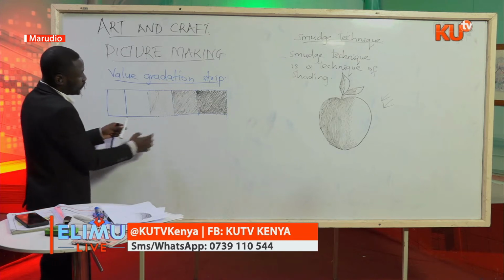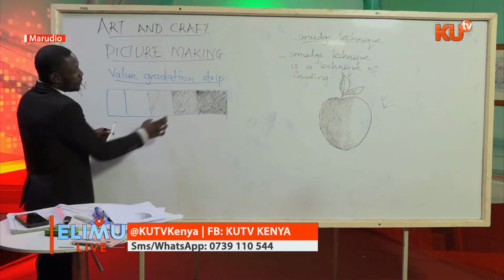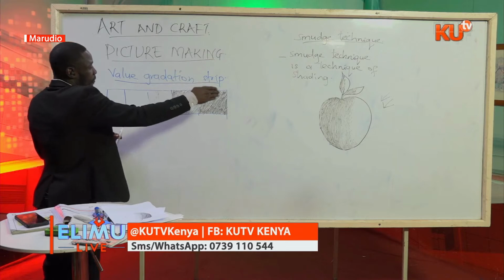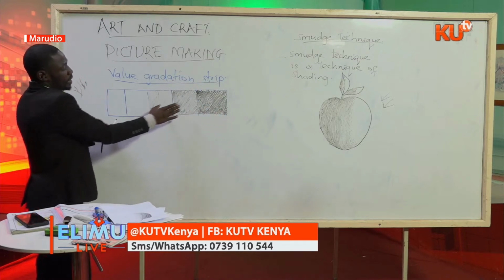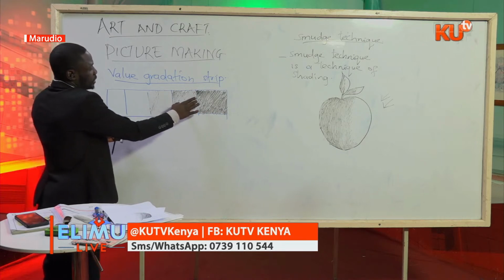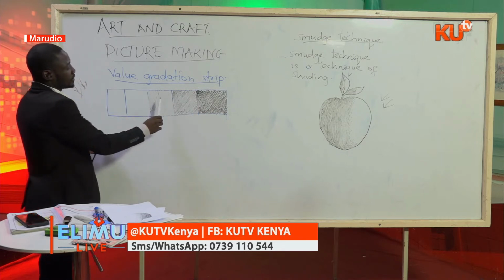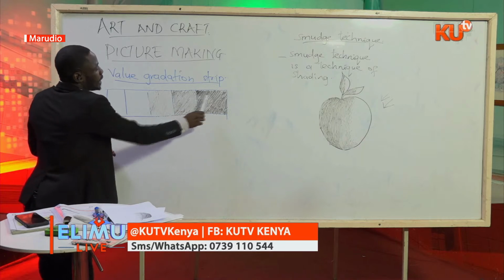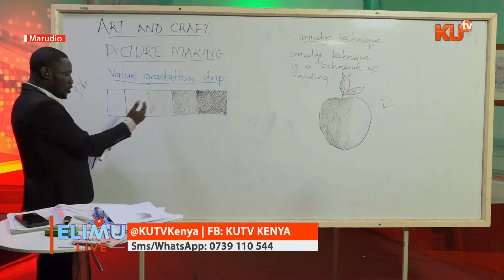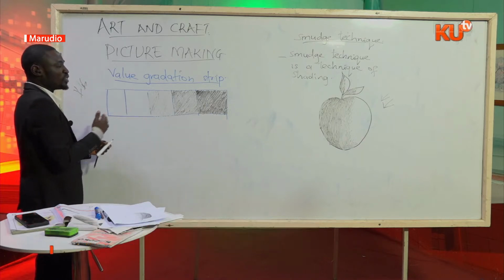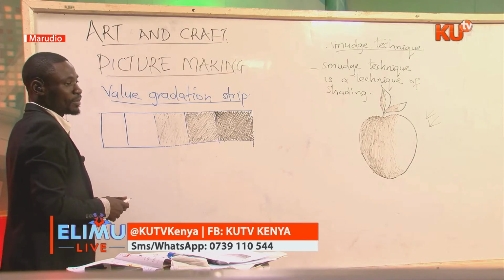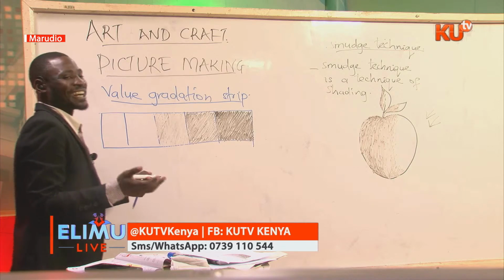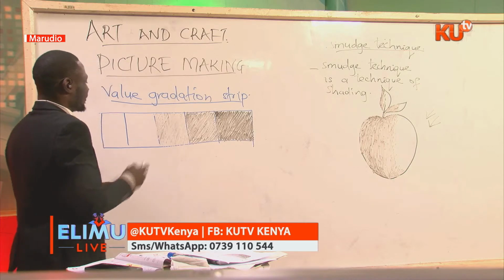As you can see, the third box from the other end, from my right hand side, appears lighter compared to the first one and the second one. So it's dark, darker, and darkest. As we move towards the light, the shade disappears. Darkness fears light.